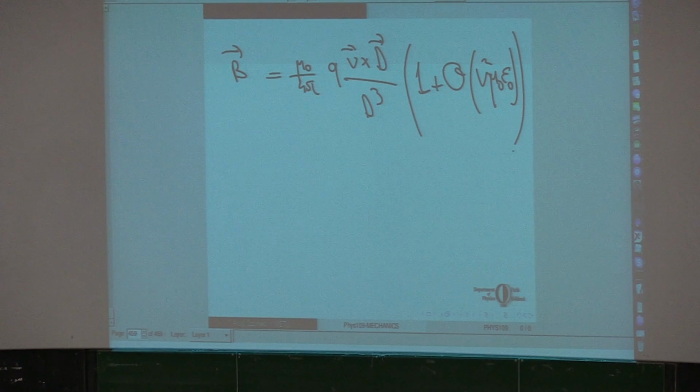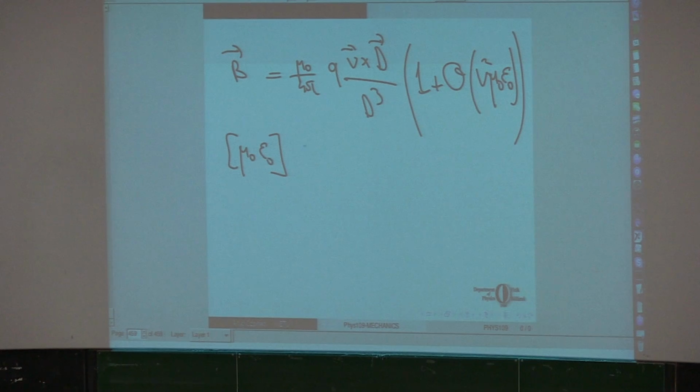Now, assuming the velocity is constant, the object is moving at constant velocity, so this will be the corrections. Now, one question, what is the dimension of mu 0 epsilon 0? What is the unit? It is second squared per meter squared. How do you know that?